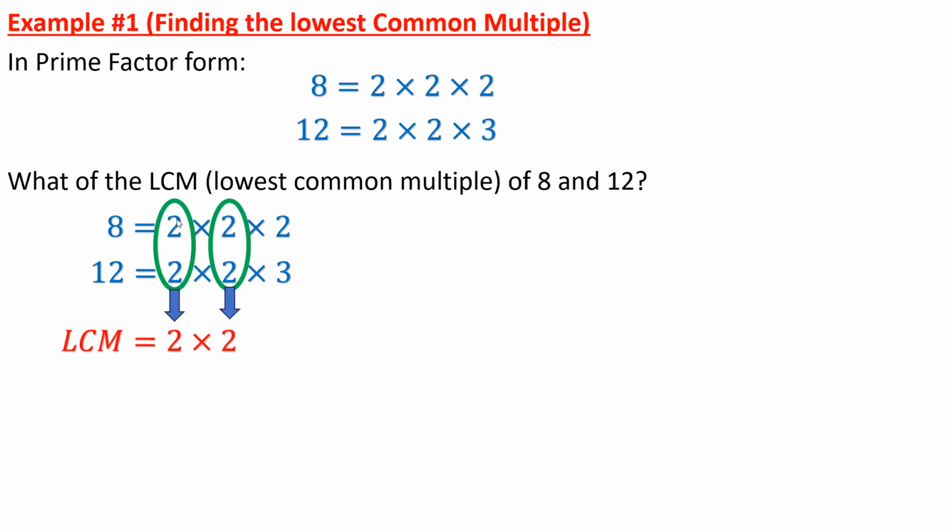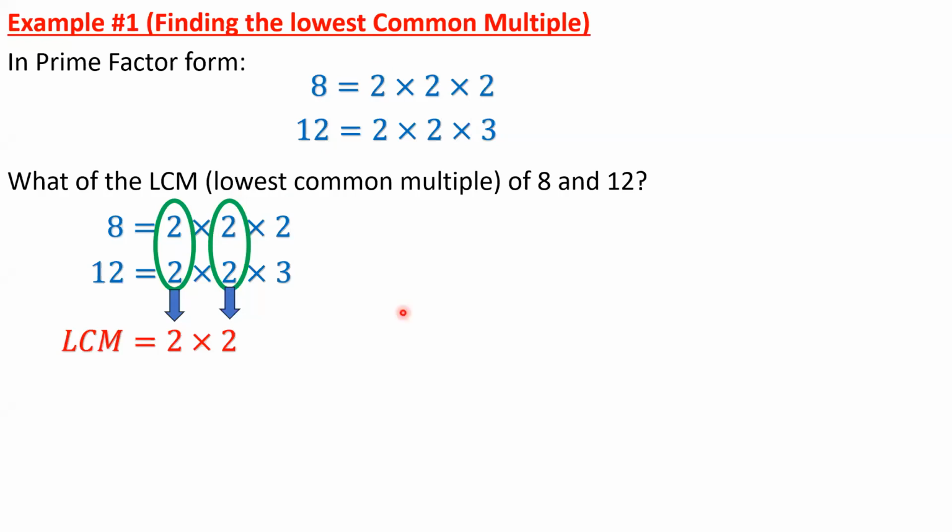So we have to group all of the common prime factors. What are the common prime factors for 8 and 12? The 2, yeah. And what else? Another 2. So we have to group the ones that are common. That's the same thing that we did for the highest common factor.